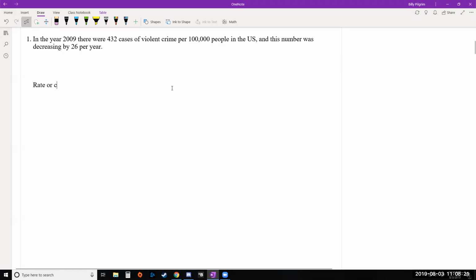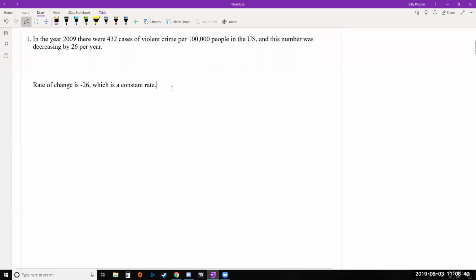So our rate of change is negative 26, right? Because it's decreasing, so it's negative. And the point here is this is a constant rate. Each year we're just going to lose 26 cases over and over.